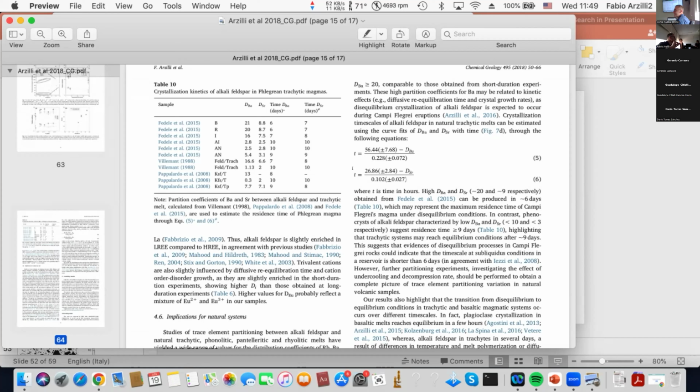You can calculate whether you reach equilibrium or not. We can calculate the time between crystal formation and then eruption, considering that it didn't achieve equilibrium. Exactly, at least this works quite well for that.